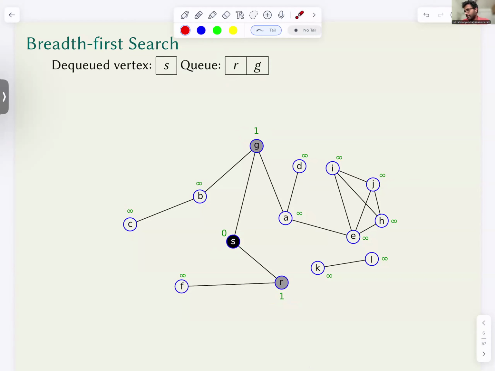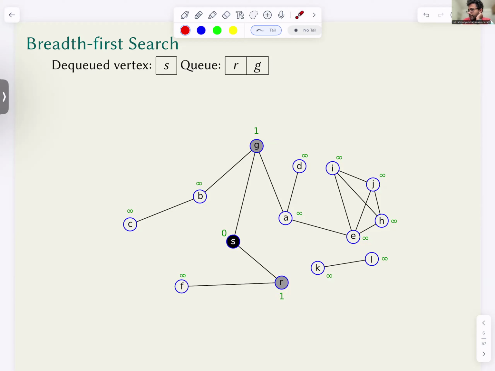There is no particular order in the slides; we have R enqueued before G, and for both of them the D value is assigned to be 1, because S had value 0, so you have one more than that. Now S is out of the queue, dequeued, so S is black. R and G are inside the queue, so they are gray, and their D values are 1 more than that of S.